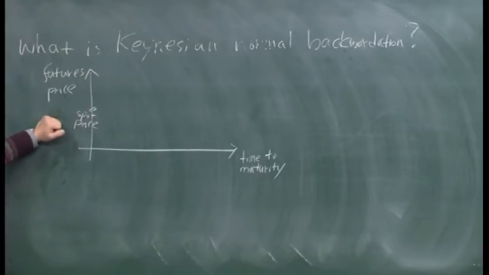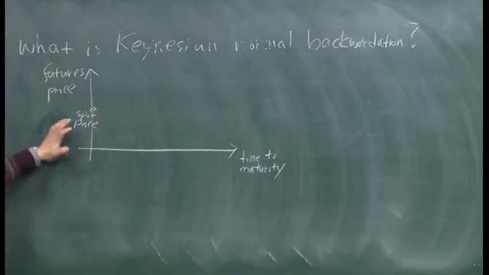The spot price is the price at which you can buy or sell immediately, so there's no term, there's no maturity for the spot contract.